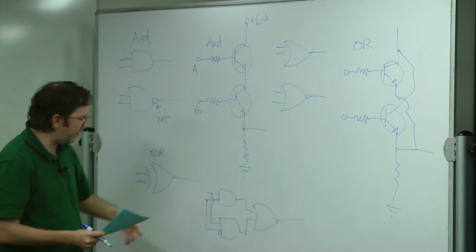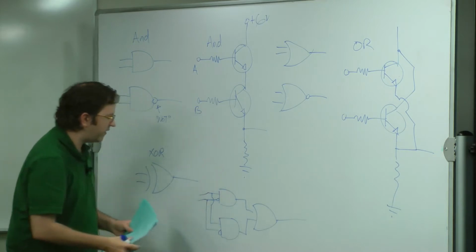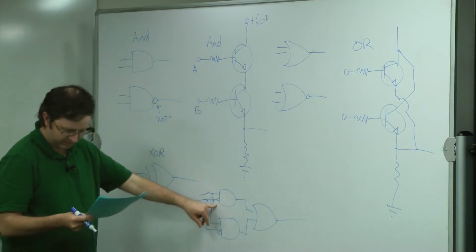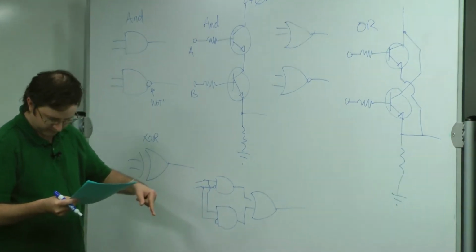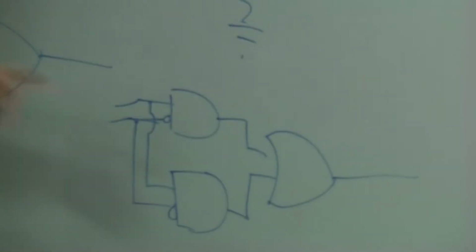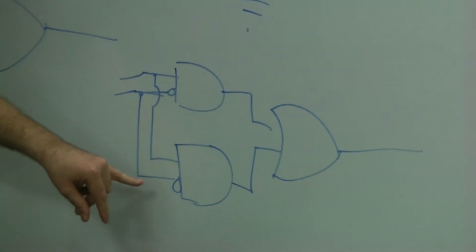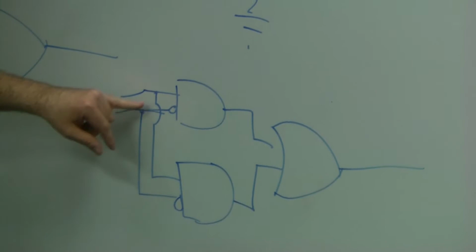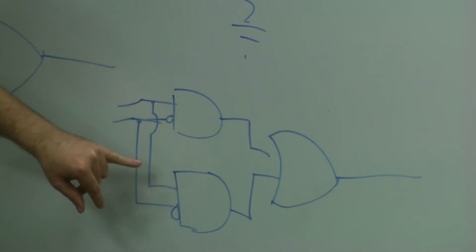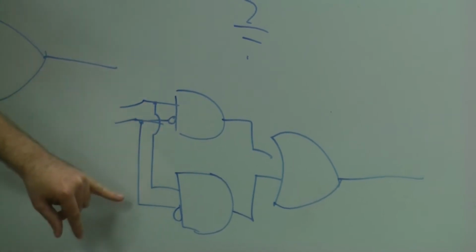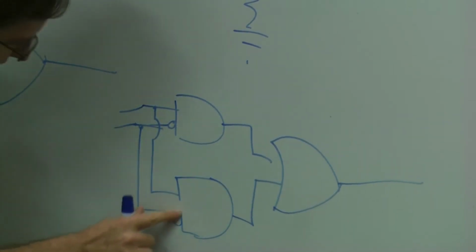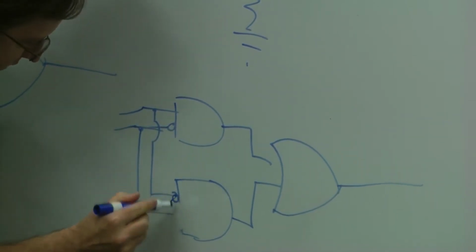And so basically, we take the NOT of the B and here. I think this is probably supposed to be over here.